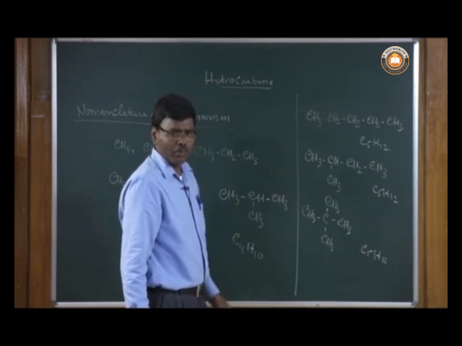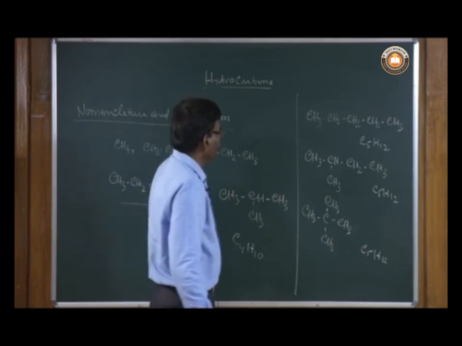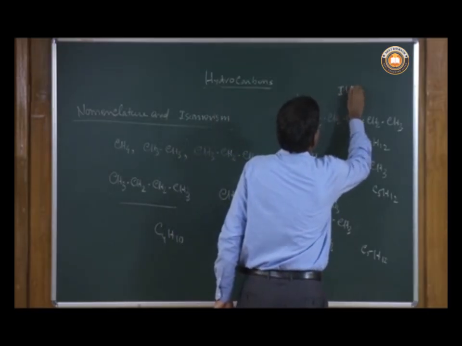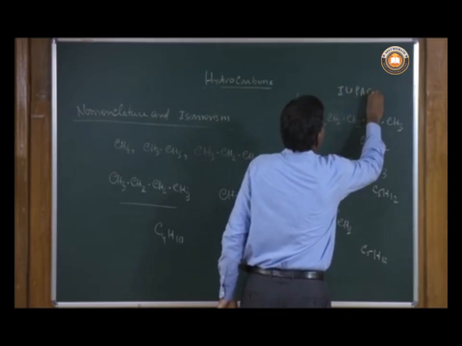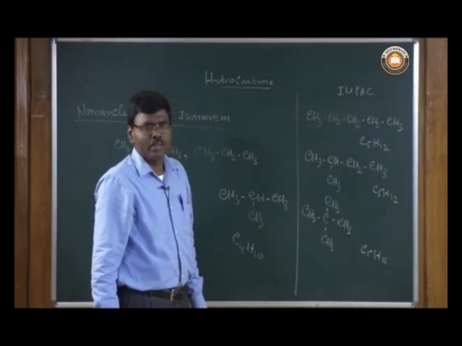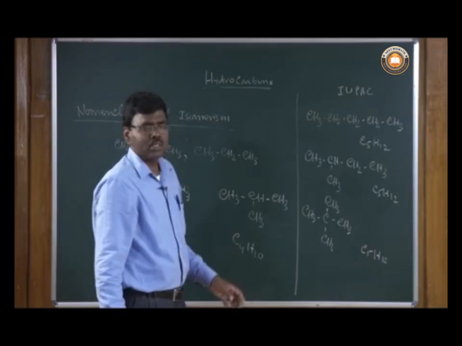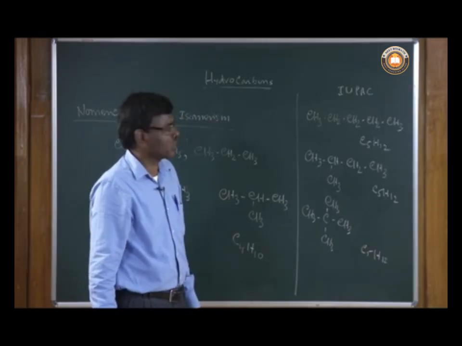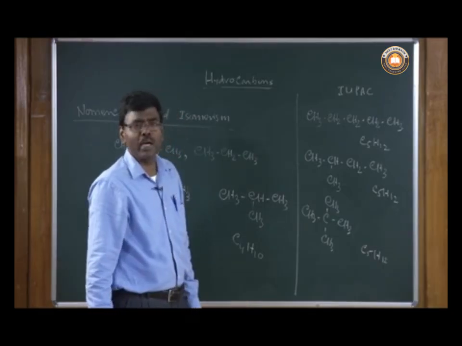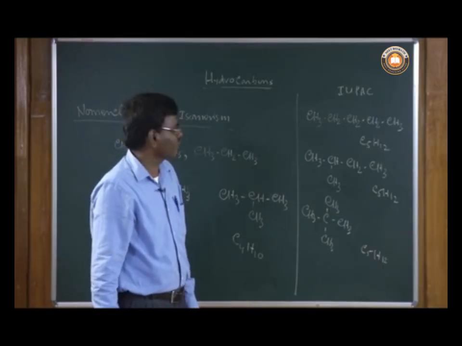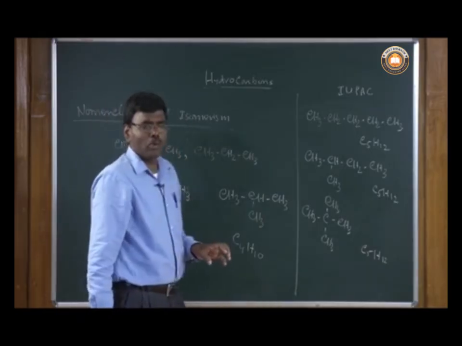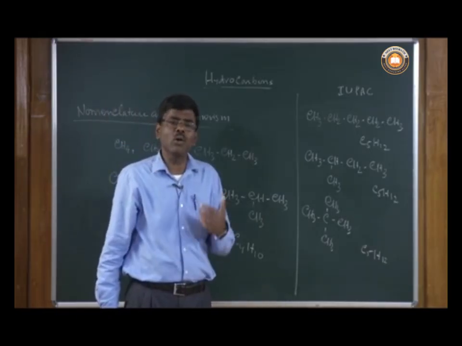To name these compounds, IUPAC, the International Union of Pure and Applied Chemistry, has introduced some rules to distinguish and name these compounds, called IUPAC nomenclature. So, using this IUPAC nomenclature, you can name all the compounds.